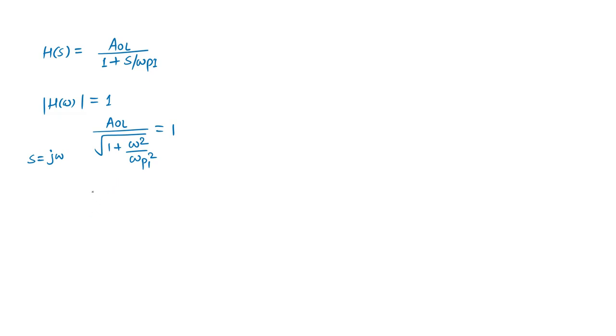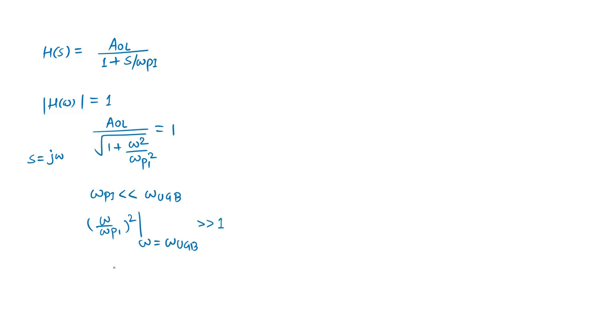Usually for the first order system, omega p1, which is the 3 dB frequency, is much less than omega UGB. So what approximation can be taken here? Omega by omega p1 squared, which is defined at omega equal to omega UGB, is much greater than 1.